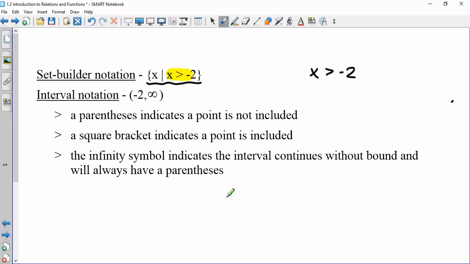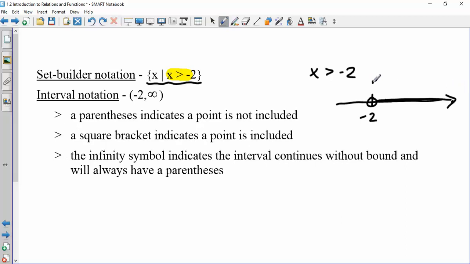In interval notation, it's a shorthand where you don't use the variable anymore, and we don't use inequalities. We put a starting and a stopping point. So if you think about x is greater than -2, if you were to graph that on a number line, you would start at -2, and would you have done an open or a closed circle? Open, and you would be going to the right. Okay, interval notation, we put a starting and a stopping point.